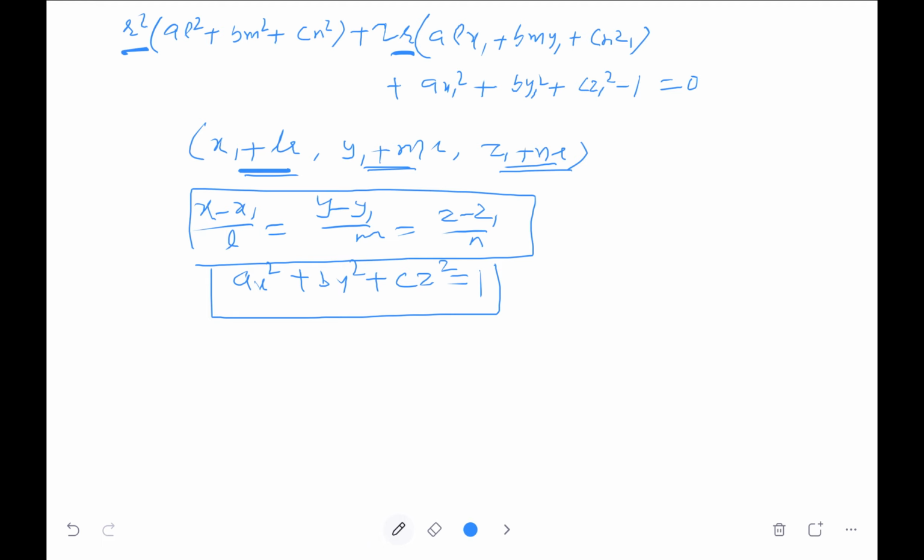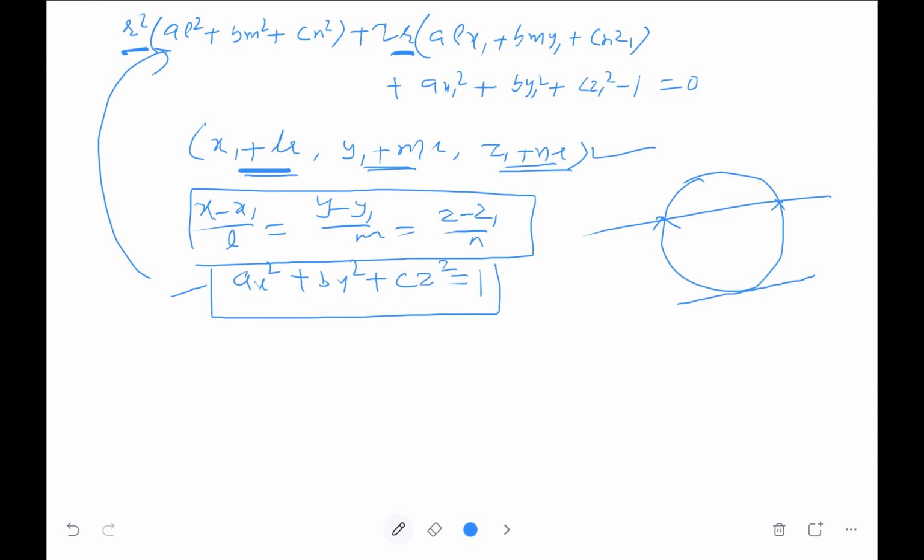So we will proceed like this. Any point on the line is (x1 plus lr, y1 plus mr, z1 plus nr), and if this lies on the conicoid also, this will give a quadratic in r. So in general, a conicoid is cut by a line in 2 points. But what we want now is that this line should become a tangent to the conicoid at the point (x1, y1, z1).